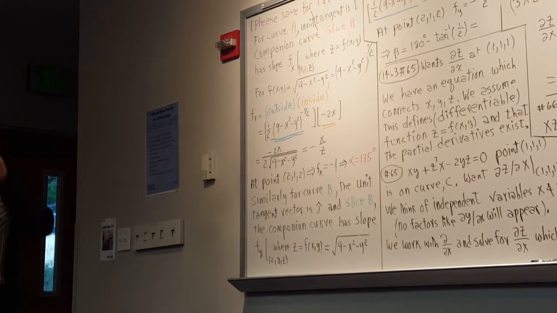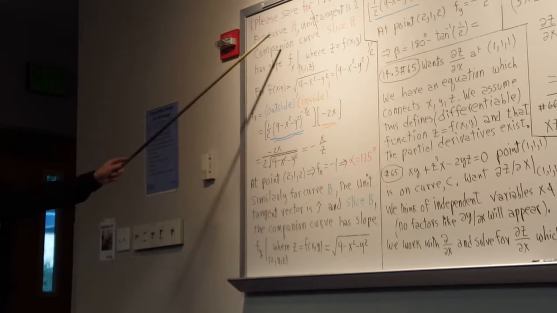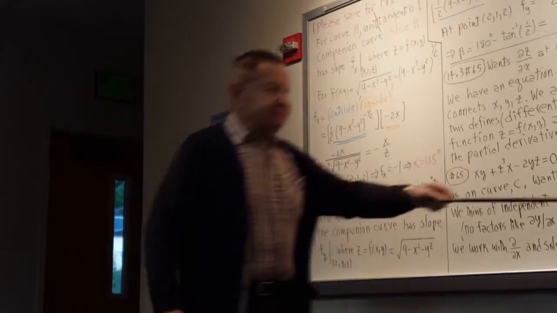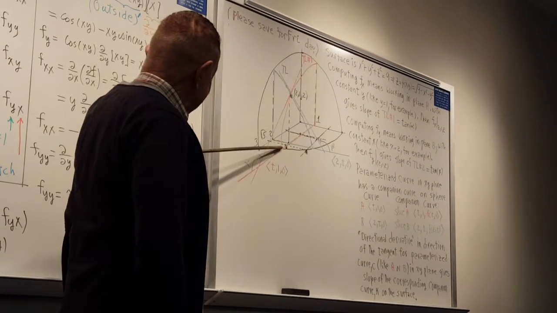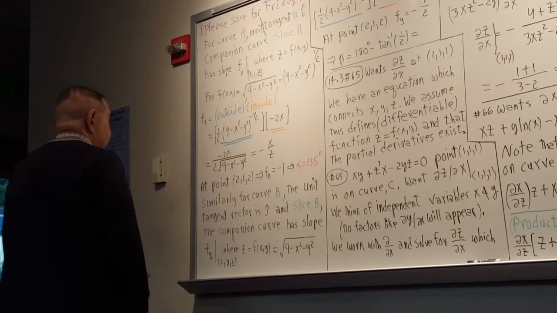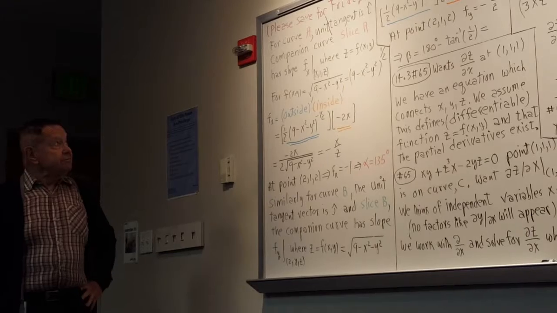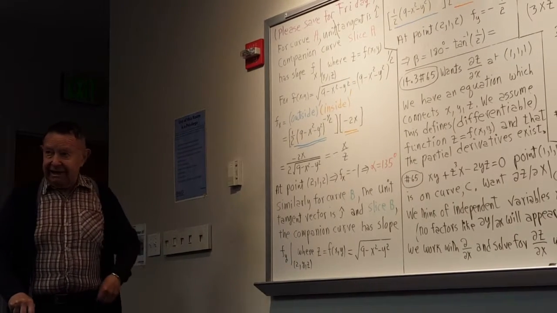Thinking of your handout and of the picture at the far end of the room, if you're on the curve A, if you're down on the floor there, the curve that's in the XY plane is the red line at the base.